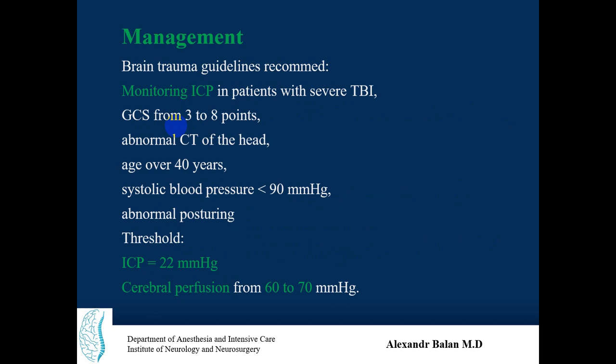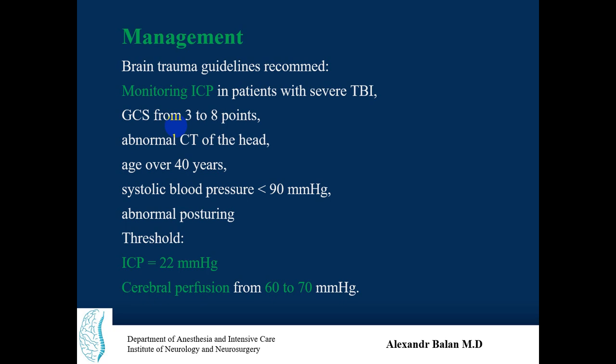After we know some classification, we are going to management of brain herniation, which is important. Brain trauma guidelines recommend monitoring intracranial pressure in patients with severe traumatic brain injury.